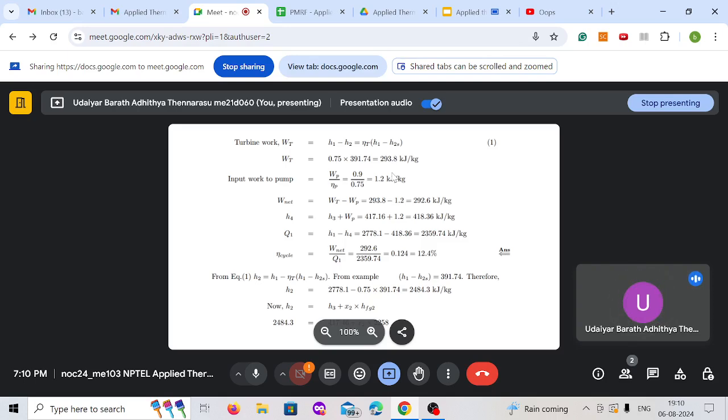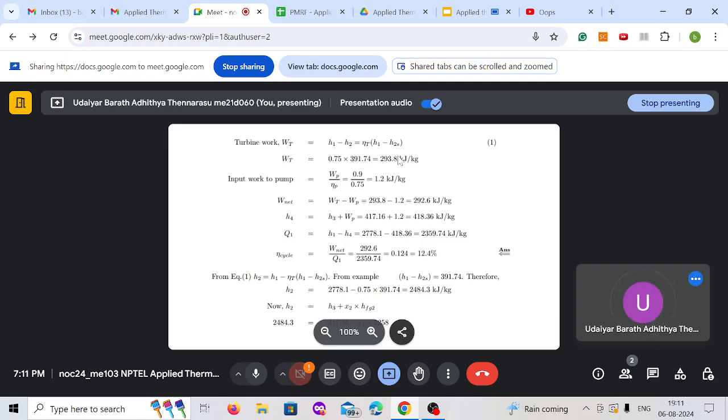So this comes out to be 292.6 kilojoule per kg, and from this we can find the enthalpy of the pump output to estimate the heat which is added. So H4 is H3 plus the pump work. H3 is 417.16, the saturated liquid enthalpy, plus the pump work of 1.2, so this comes out to be 418.36 kilojoule per kg.